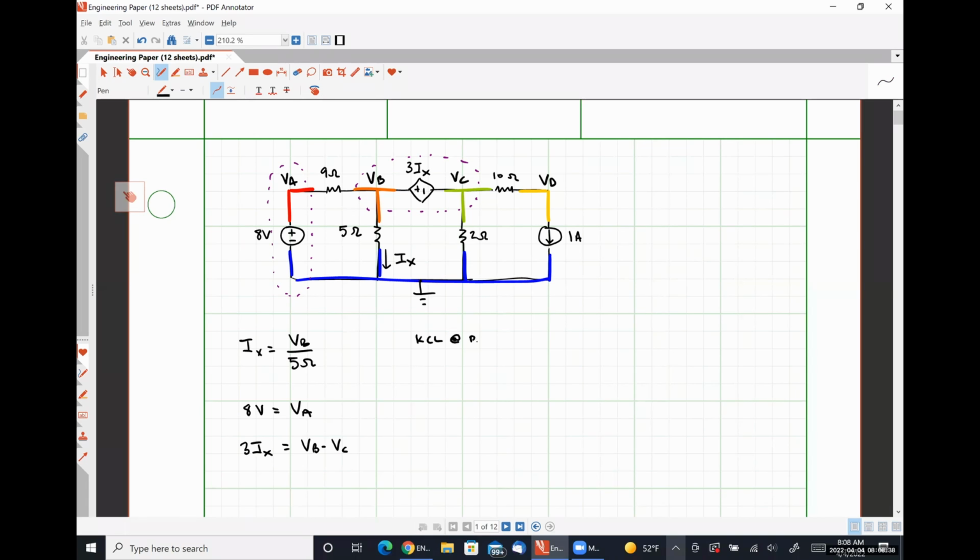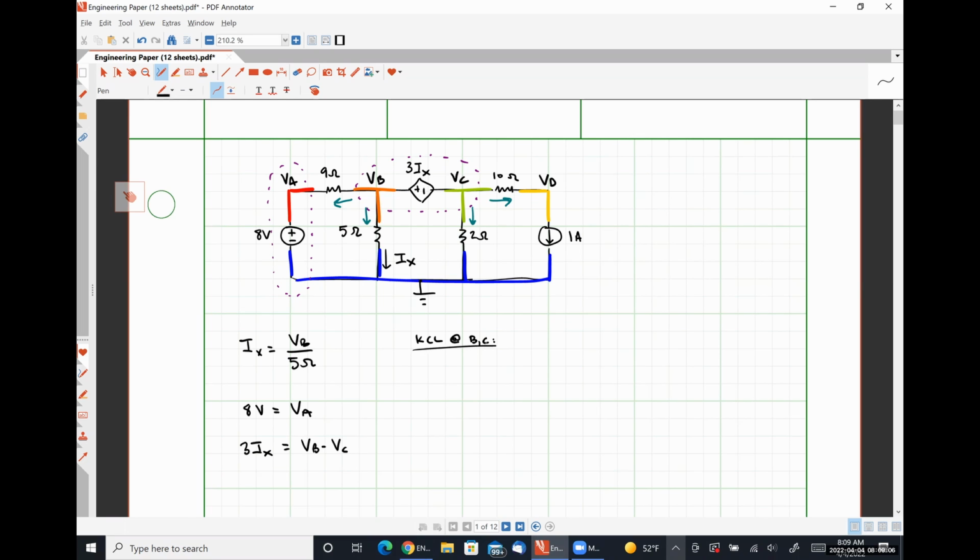So our KCL equation for supernode BC, KCL at BC, is going to be adding this current that's leaving node B of the supernode, plus this current that's also leaving node B of the supernode, plus this current, which is leaving node C of the supernode, plus this current, which is leaving node C of the supernode, all added together and set to 0.